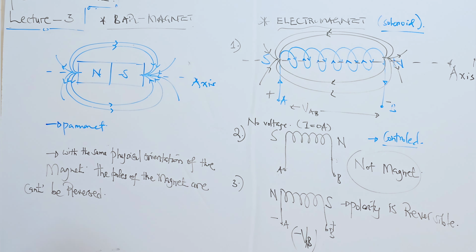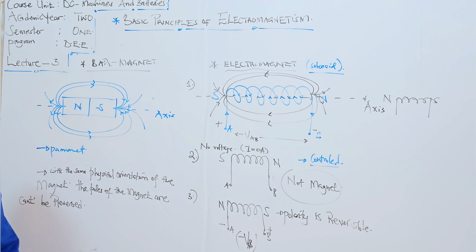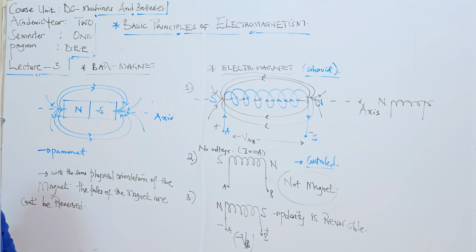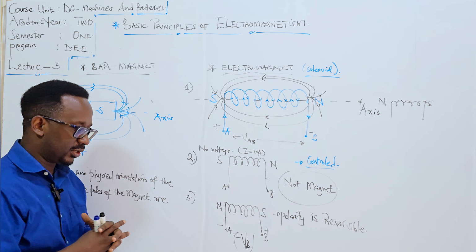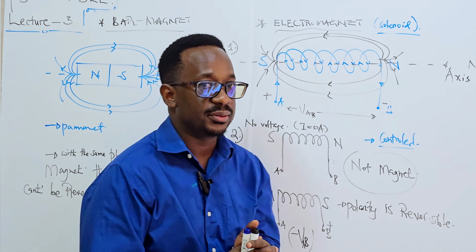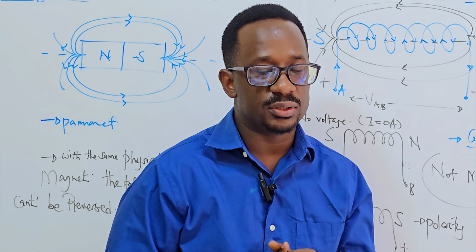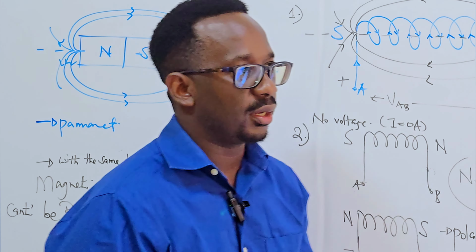Very, very important in machines, mostly to the DC machines and batteries course unit. Very important principles that become a serious frontier for students when they are going through this course unit.